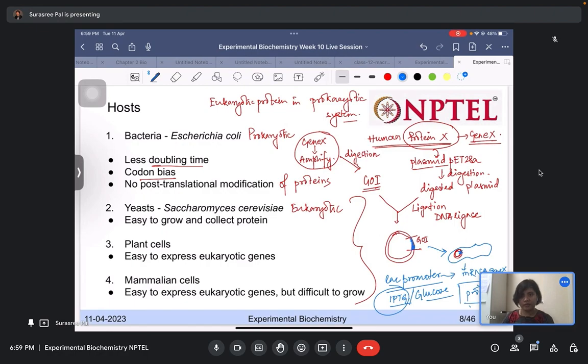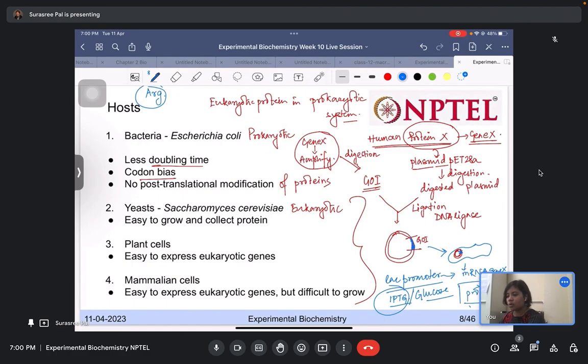So to prevent such kind of anomaly, what we often do is change the codons to prevent this kind of codon bias, so that suppose there is one amino acid in the protein, arginine, for which the codon between the bacterial system and the eukaryotic system is different.